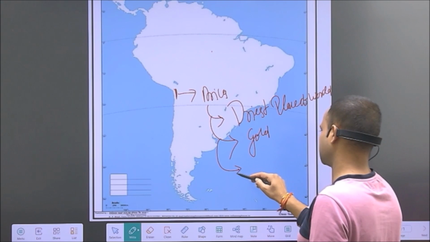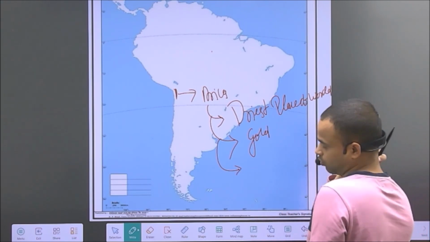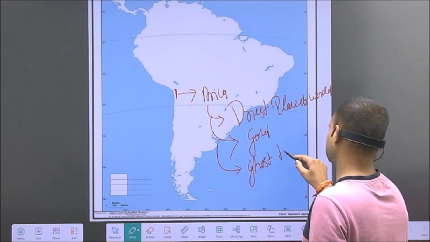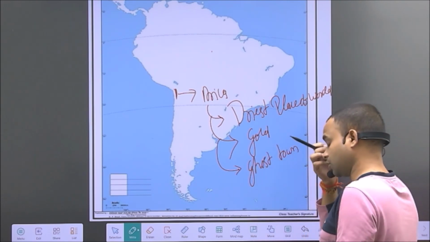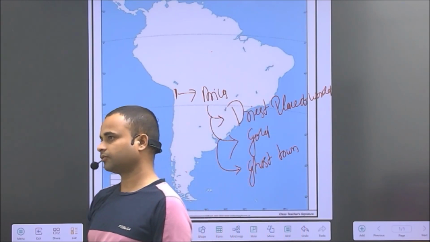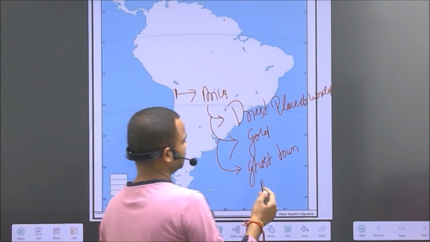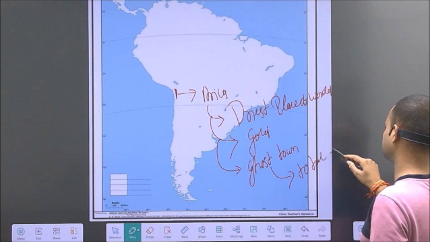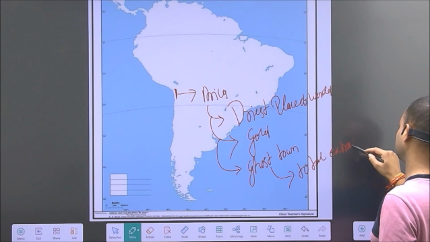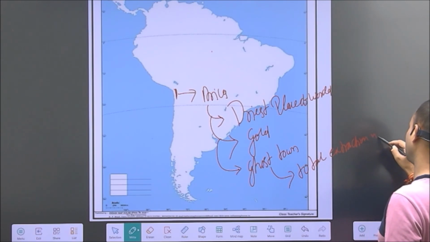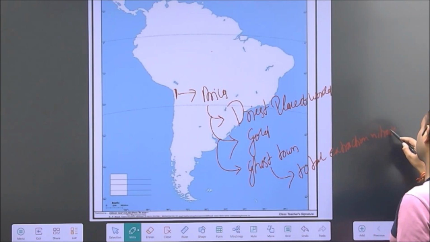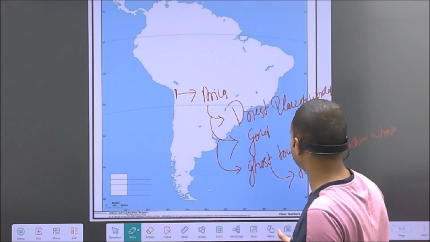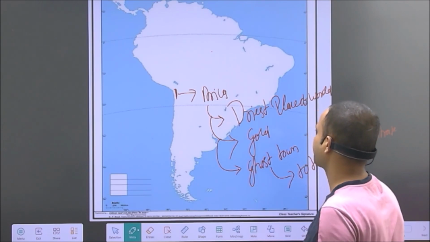Third, it is called a ghost town because of total extraction of nitrate. So that's why it is called a ghost town.